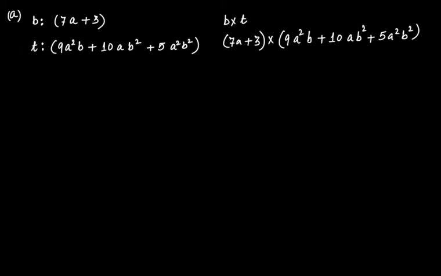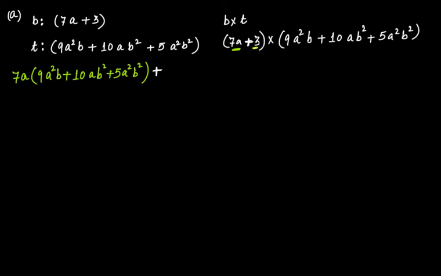So you take the first term of this binomial, 7a, and multiply this 7a by 9a squared b, then with this, and then with this. It means 7a multiplied by 9a squared b plus 10ab squared plus 5a squared b squared. Then this plus sign here, so write plus, and then you have 3.